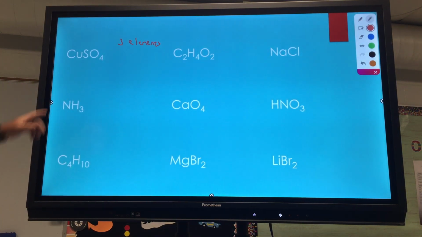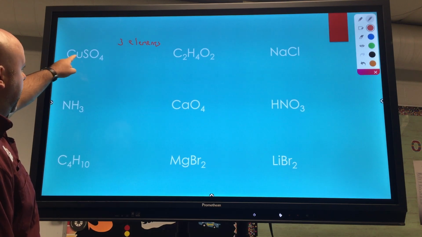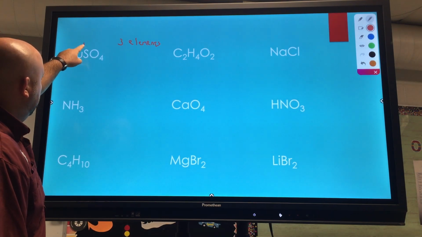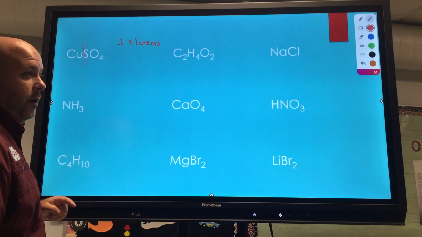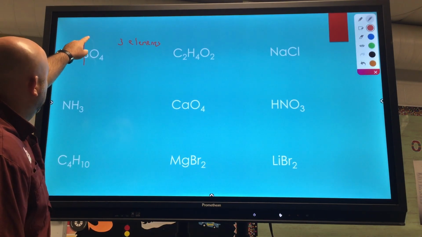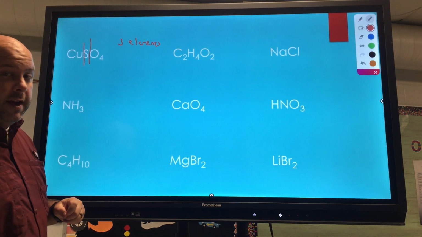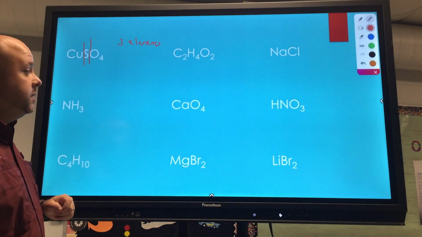Now let's count how many atoms we see. Well, C and u. That's a capital letter and a lowercase letter. I know that's one element. There's a capital S and a capital O. That means that there's an element, which is the S, and an element, which is the O.